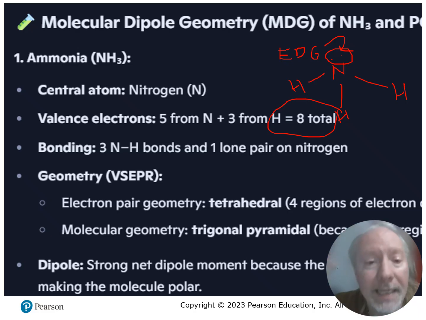So this is VSEPR as well. VSEPR ties right in neatly with the Lewis dot structures, and then you apply valence shell electron pair repulsion. And all that means is you want to space out pairs of electrons as far apart from each other as possible. And we do that by having them roughly 109.5 degrees apart from each other.